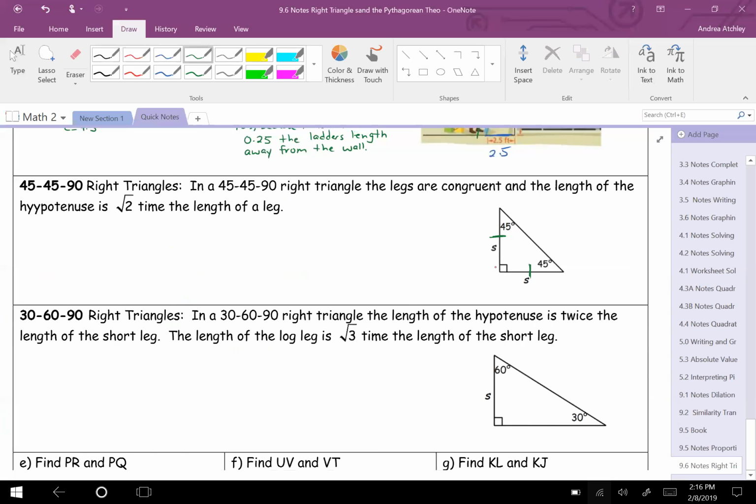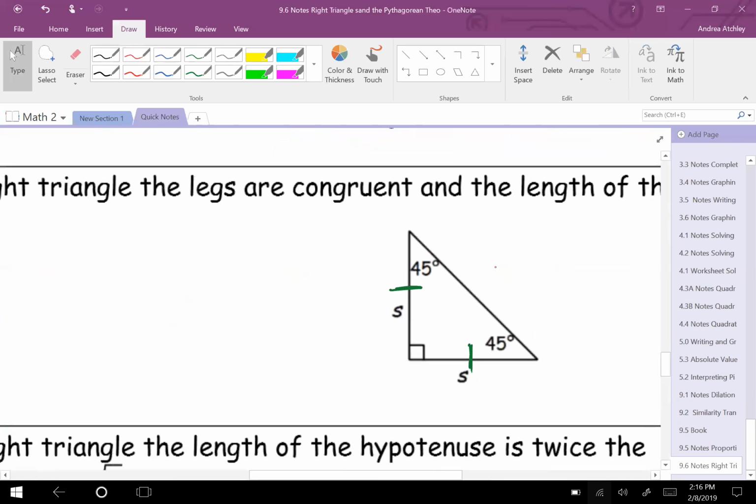It also says that the hypotenuse is square root 2 times the length of the side. So my ratio here is square root 2. So our ratios are 1, 1, square root 2. That's how they're related to each other.